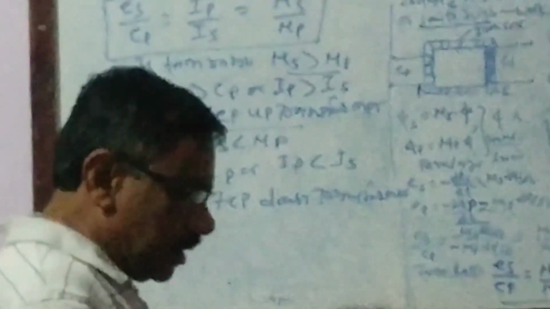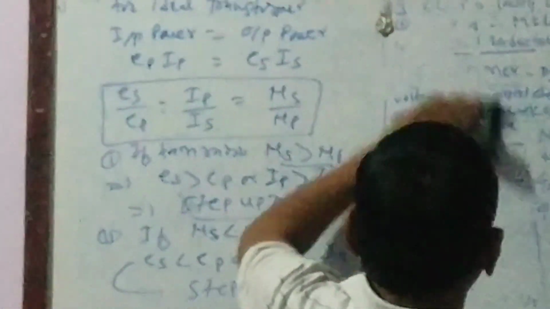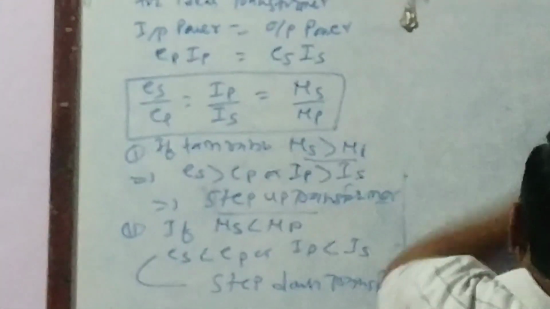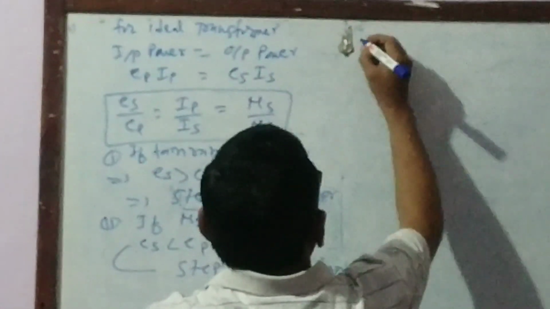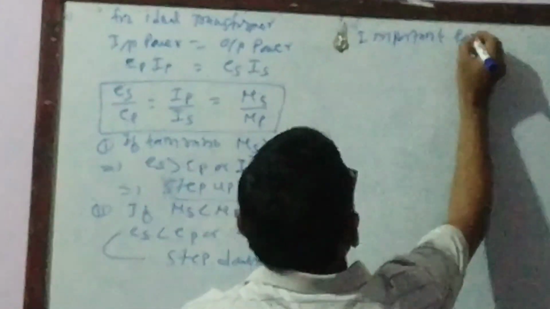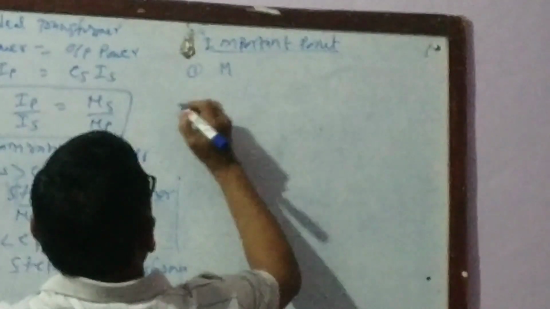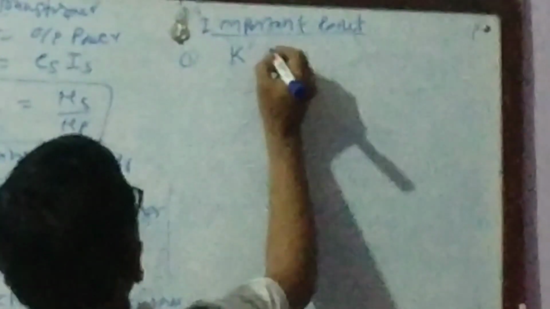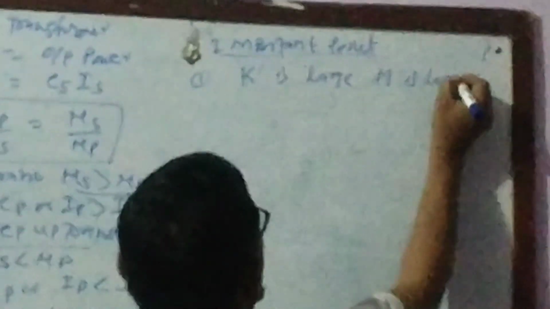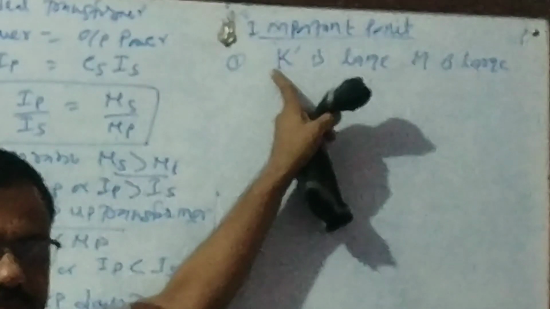Now let us see some points regarding the value of K and M. Now there are some important points. Now first, if K is large, M is large, and the value of mutual inductance depends on the coefficient of coupling.